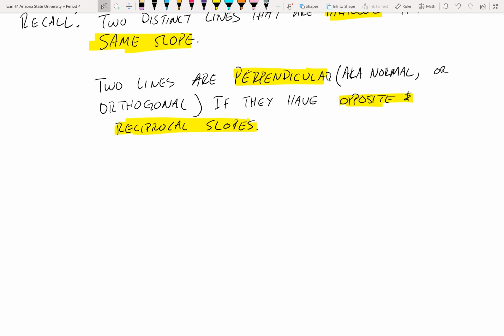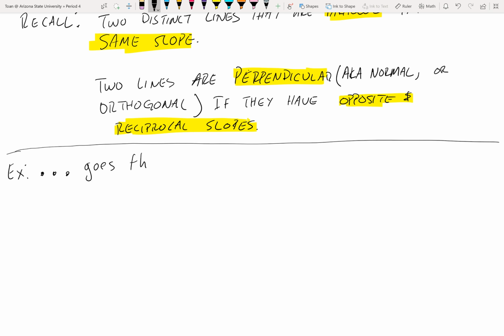Let's do an example. And this example, when I pre-made it, normally I do one example of parallel, one example of perpendicular. I felt lazy. I'm going to blend them together. So we're going to kill two birds with one stone here. Write an equation of a line that goes through 5, 2.